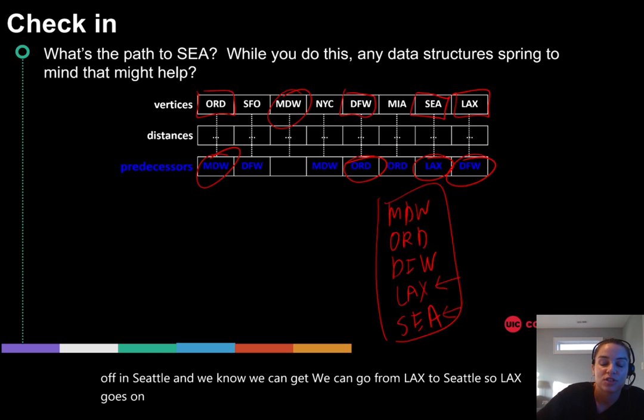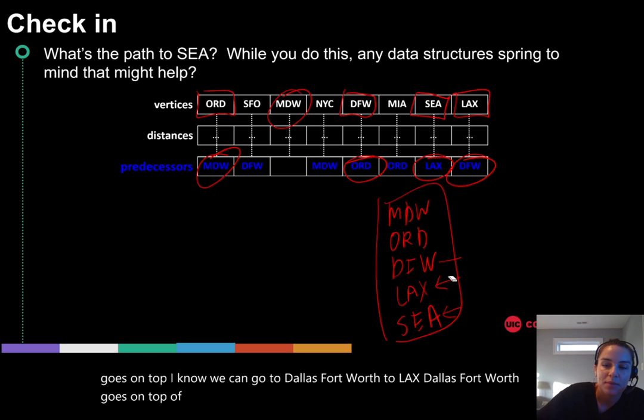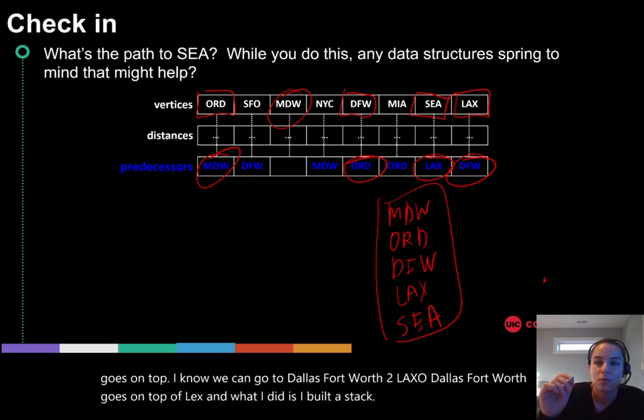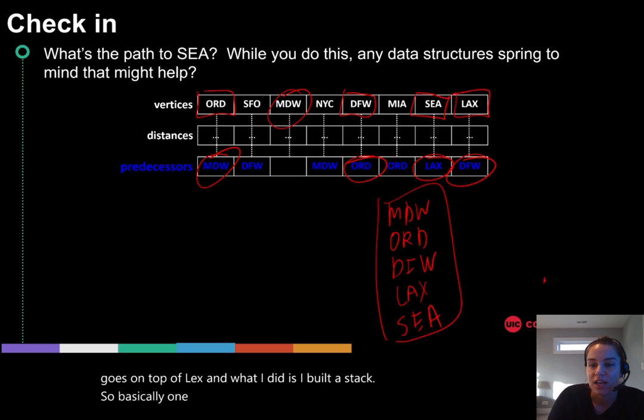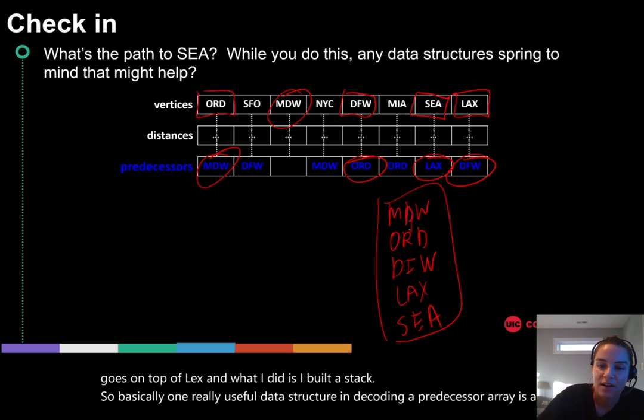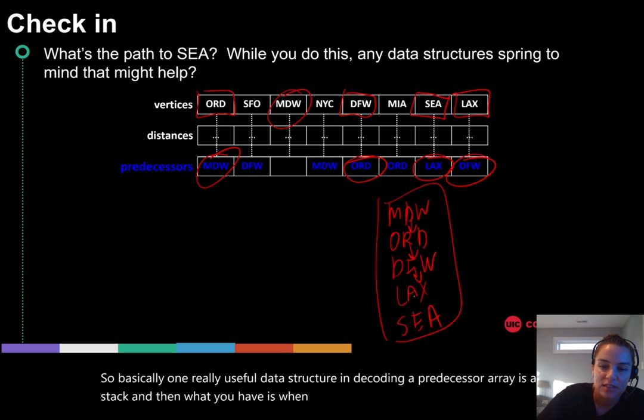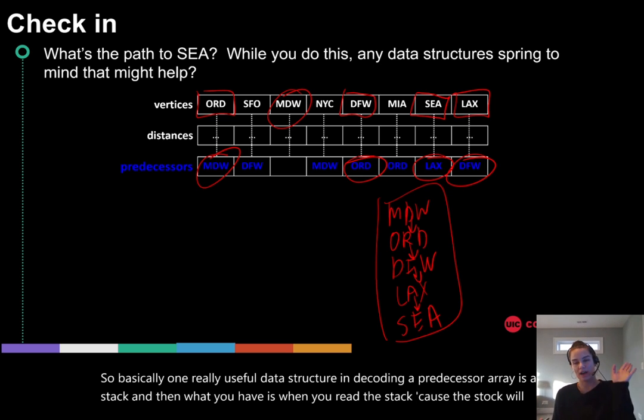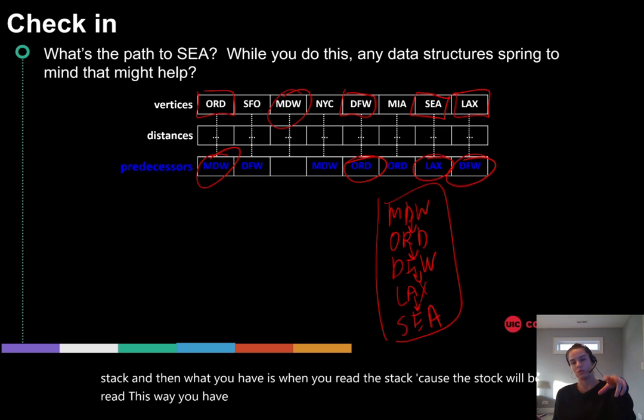I know I can go from Dallas-Fort Worth to LAX, so Dallas-Fort Worth goes on top of LAX. Basically, one really useful data structure in decoding a predecessor array is a stack. Then when you read the stack, you have the full order from Midway all the way to Seattle.